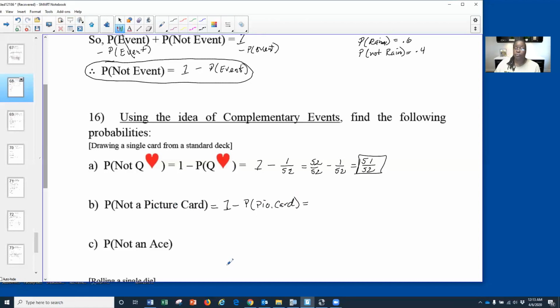There's my structure. So now we have 1 minus the probability of getting a picture card. How many picture cards did we say we had again? Do we need to go and look?